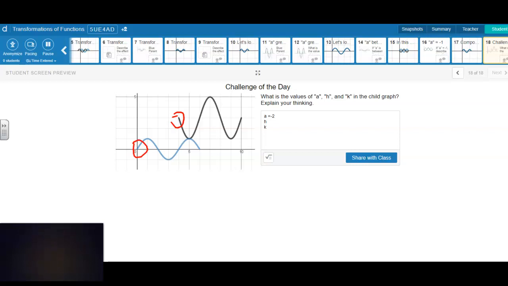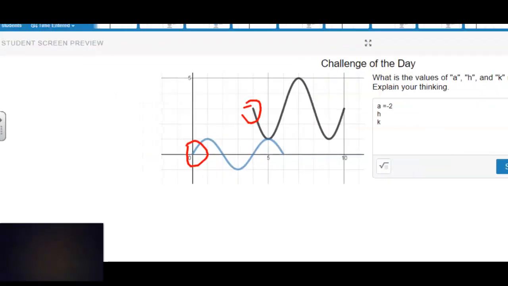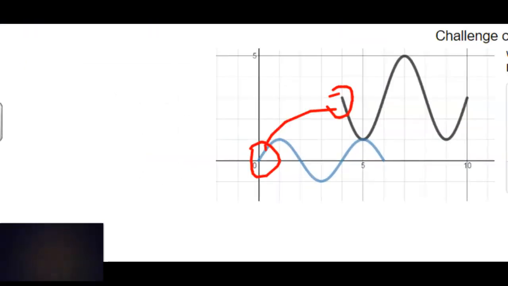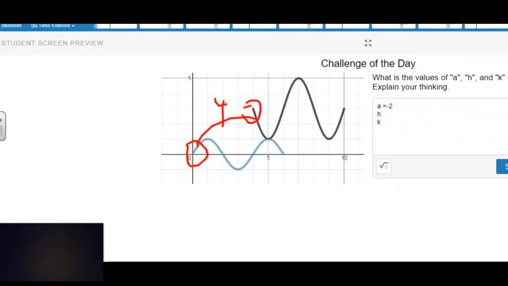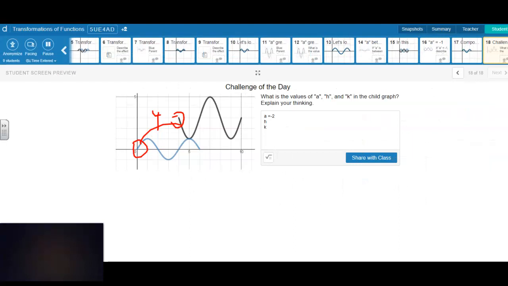That's a distance of 4 spaces. So let's say H is equal to 4. And K is moved up or down. Let's see how many spaces. It looks like 1, 2, 3 spaces up. And then you submit your answer there.